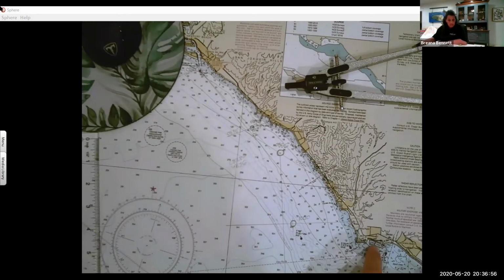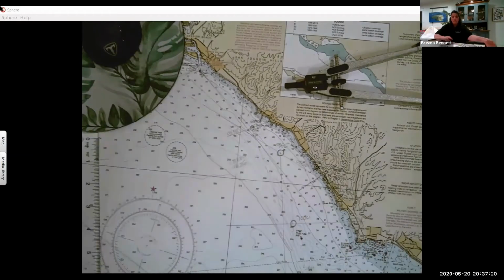So we come left to 100 PSC. And at 10:25, we see the building and this buoy in line. And then we also see the cross. So we're getting a position at 10:25.